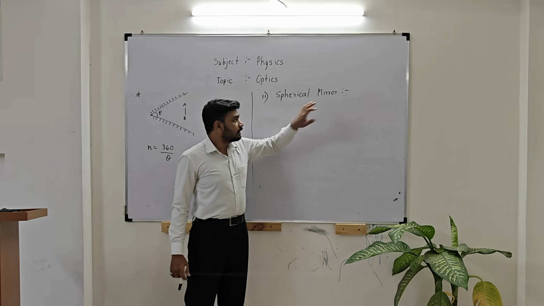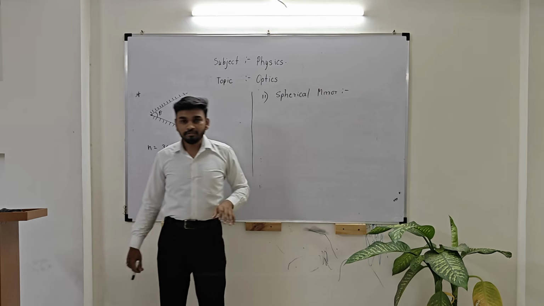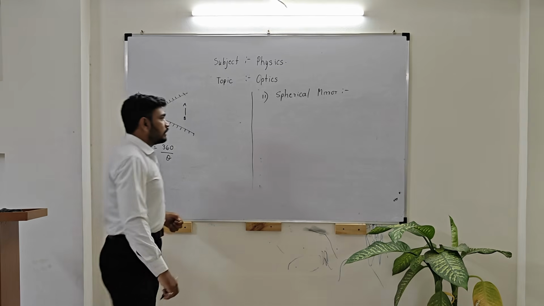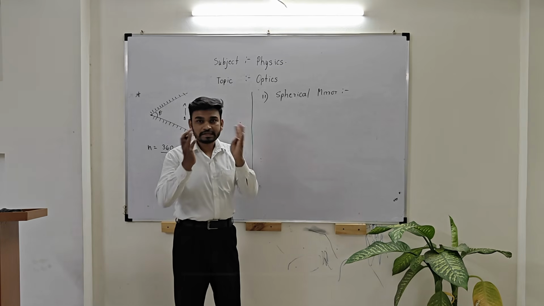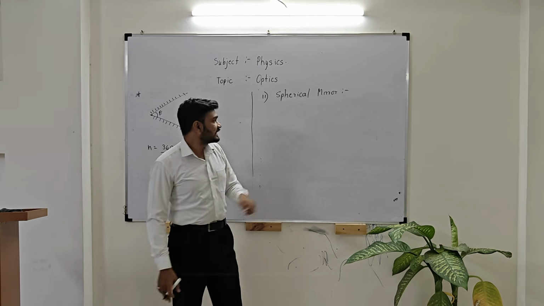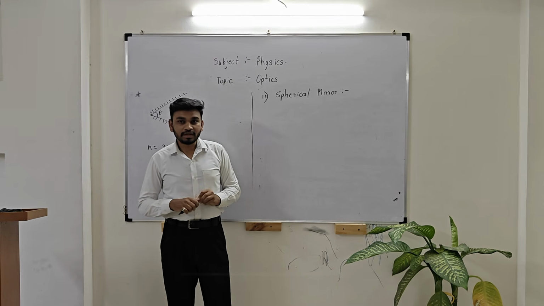Why do we call it a spherical mirror? That I am going to explain now. A spherical mirror is made up of a spherical 3D surface. That's why it is named the spherical mirror.